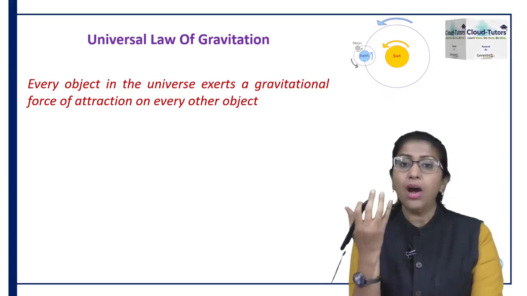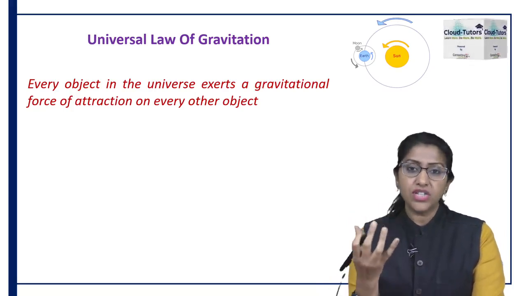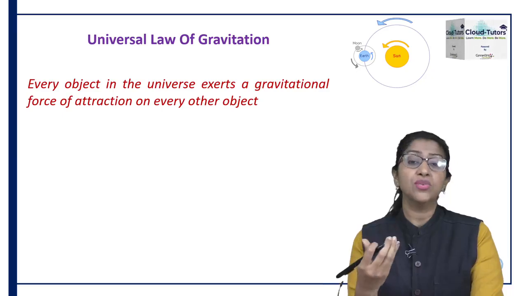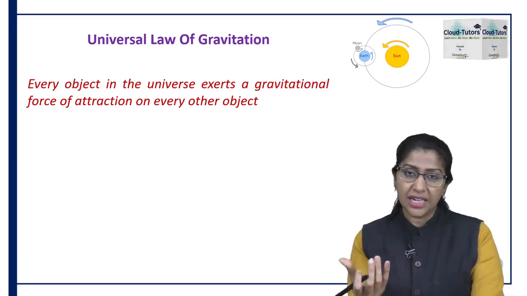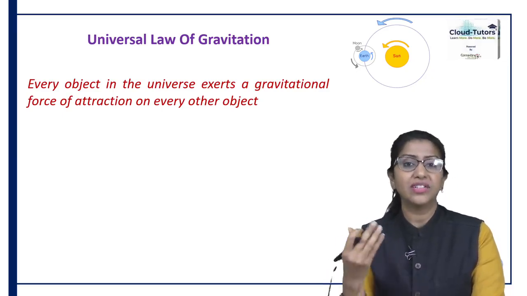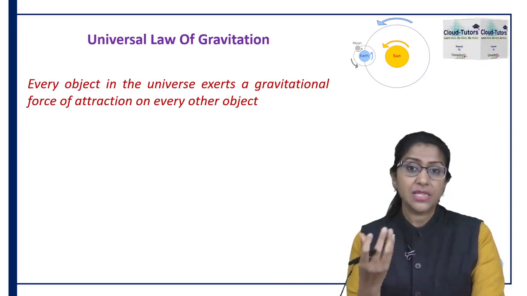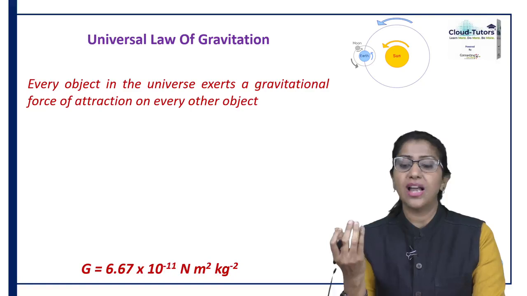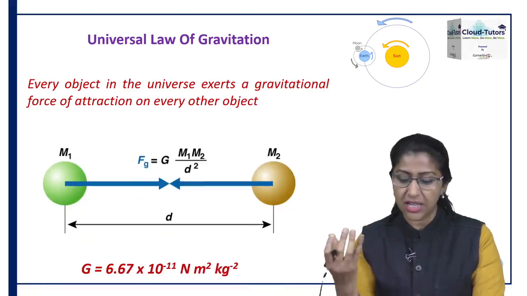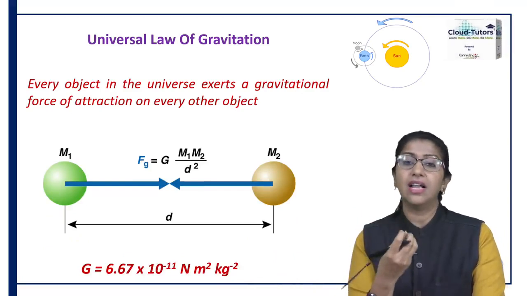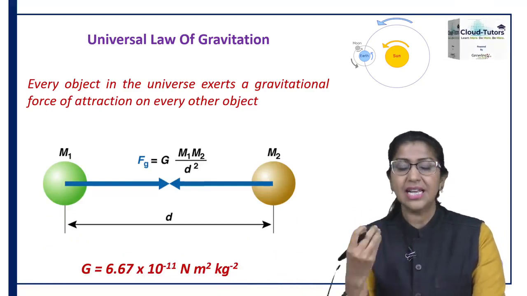Like how the first law of motion gives us the definition of force, the second law of motion allows us to measure this force, correct? Similarly, the universal law of gravitation not only defines what gravitational force is, it also allows us to measure it. So how is this law allowing us to quantify this?